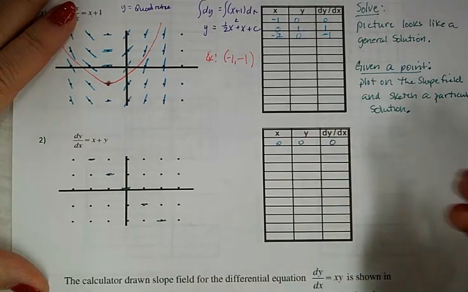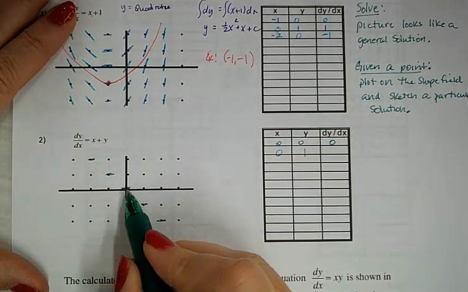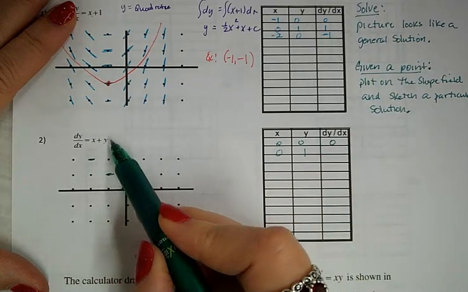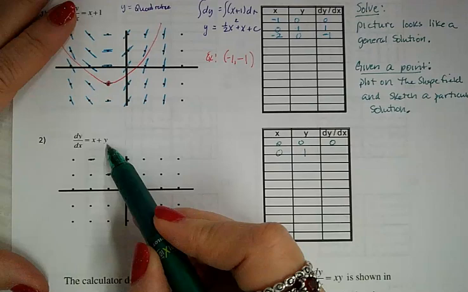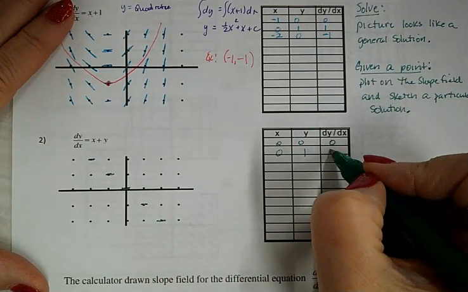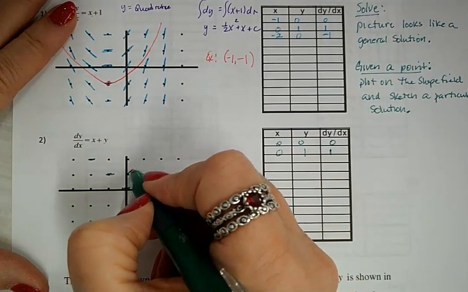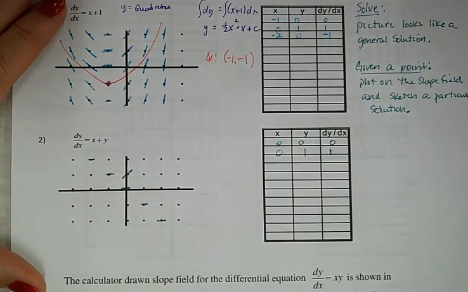All right, so what if I do the point 0, 1? If I put in a 0 for x and a 1 for y, 0 plus 1 is going to give me a slope of 1. That means a positive, roughly 45-degree angle with a positive slope right here. So when else might we have a slope of 1?